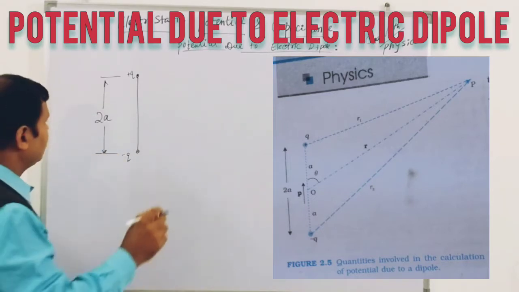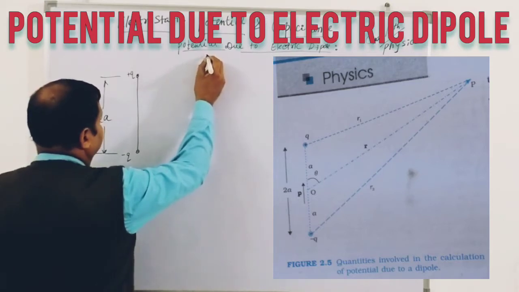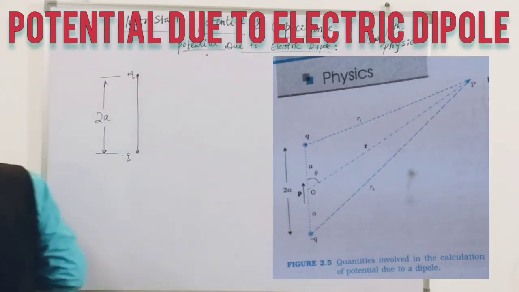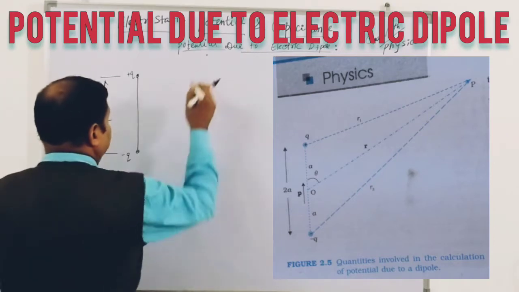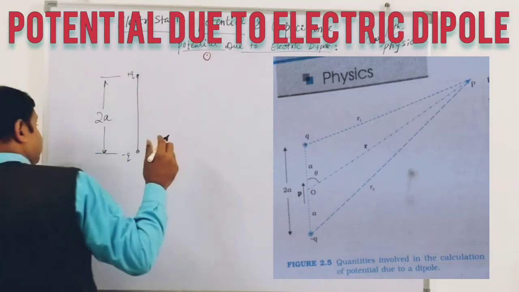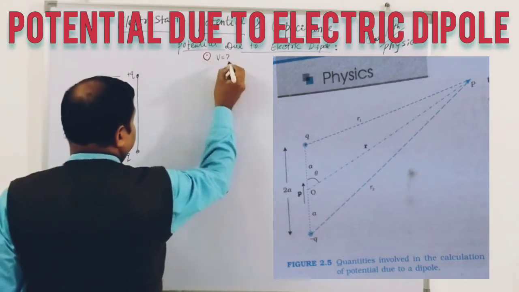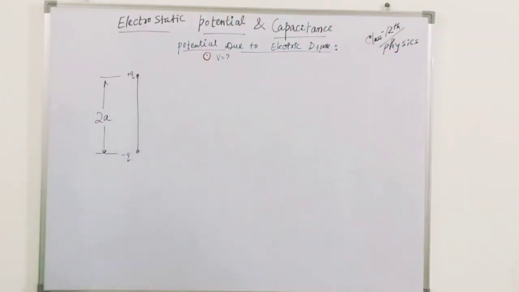Now we need to consider one point. Suppose here is a point where we want to find the potential. What is the potential due to this dipole?